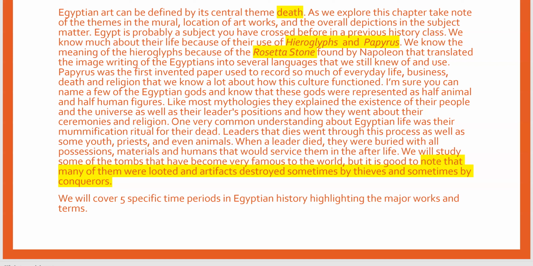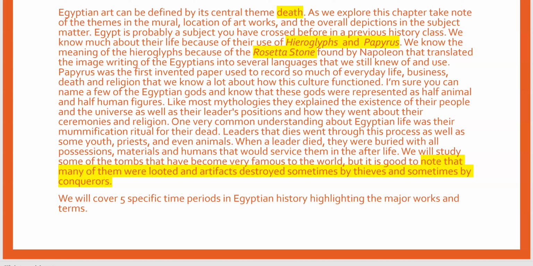If you haven't read about it, it's very interesting how usually an incision is made on the left side of the body, right underneath the ribs, and the major organs are taken out and put into Canopic jars. These are jars that usually have a little animal head figure on top of them and are set within the tomb. The detail most people remember, if you know anything, is that whole scrambling of the brain and removing it through the nostrils.